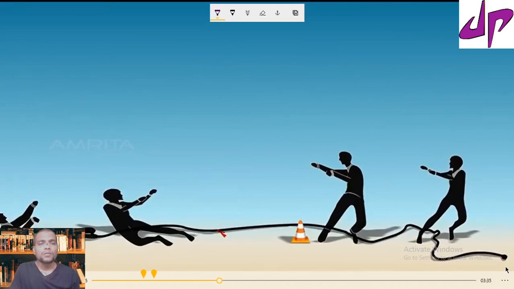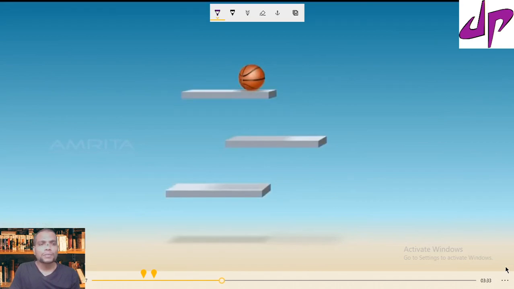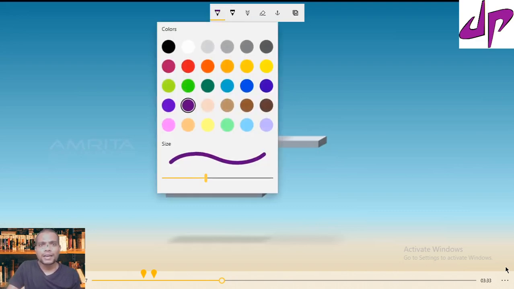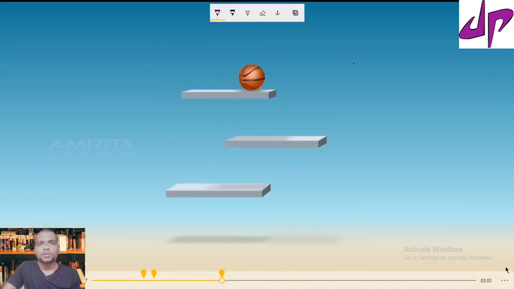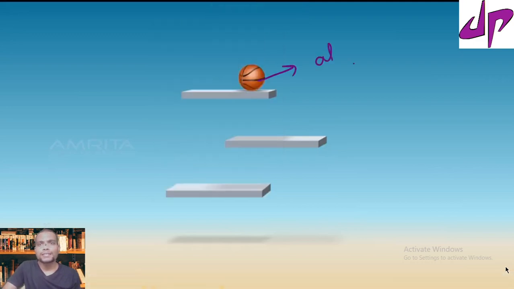Now here we explain the concept of inertia. What is inertia? Inertia is a tendency of an object to stay at rest. Suppose here you can see this ball is at rest. It is at rest due to what?